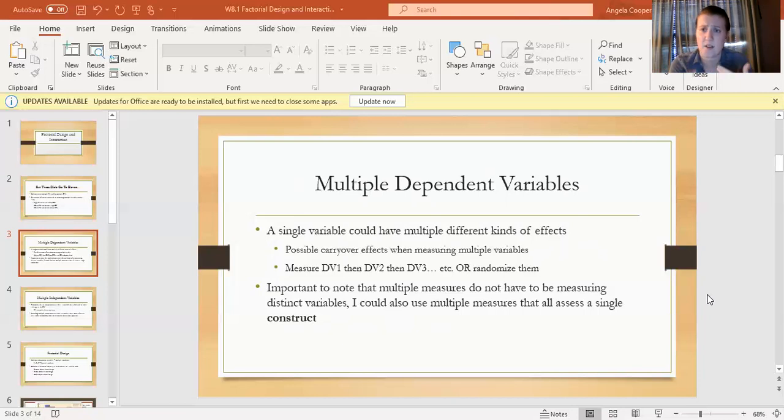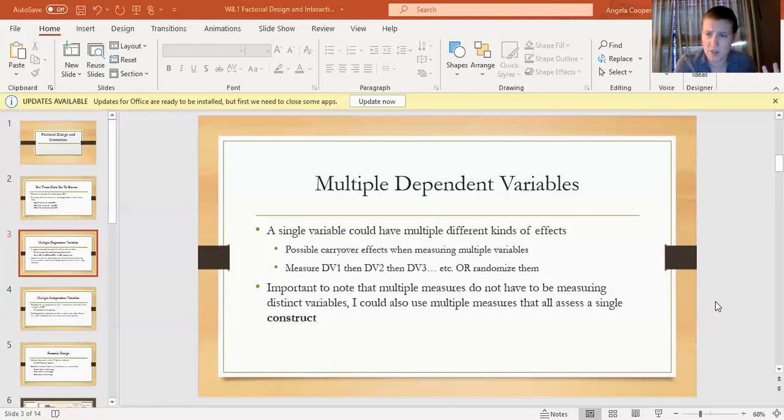Now, that's also the case with dependent variables when we have multiple dependent variables to measure. It's possible to have carryover effects, fatigue effects, or context effects, the same carryover effects that we have in within subjects design, because our participants have to measure stress through a self-report measure, behavioral measures, and physiological measures, or whatever that dependent variable might be.